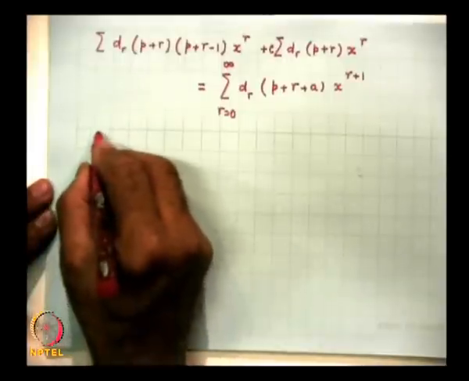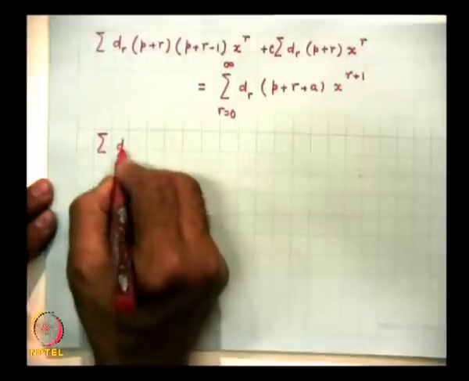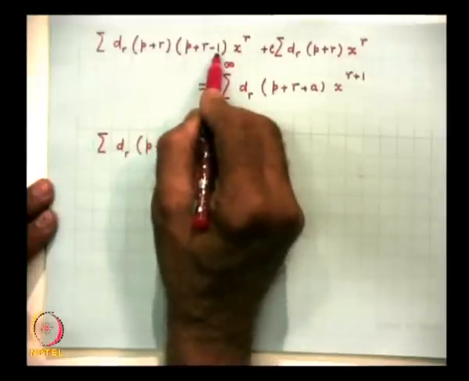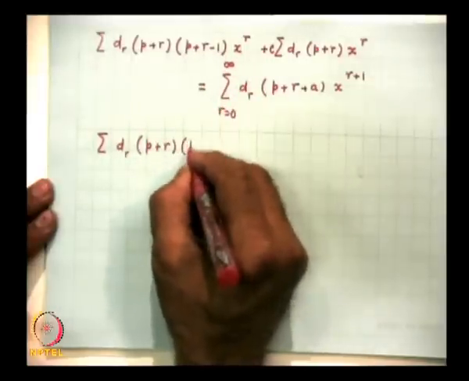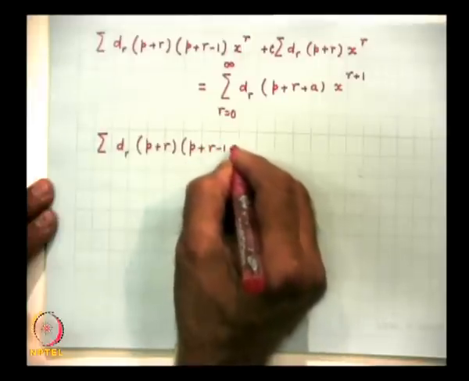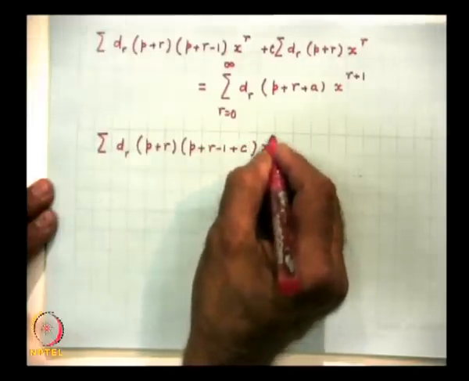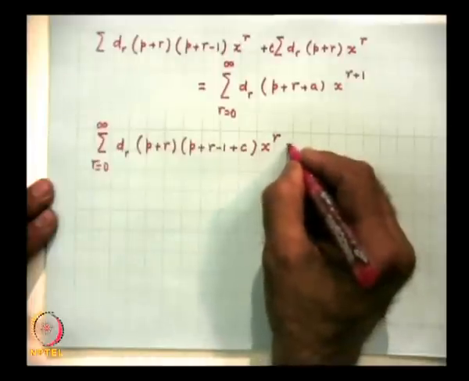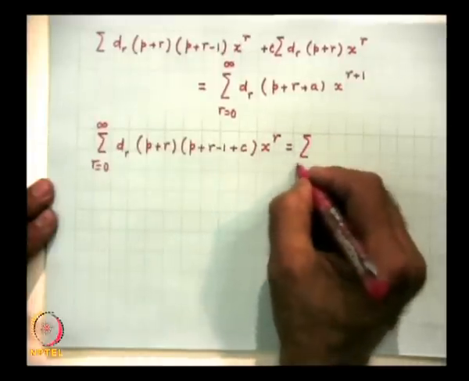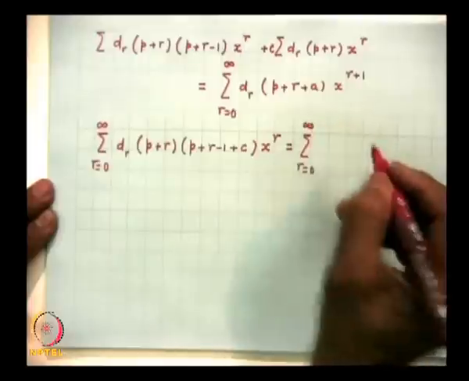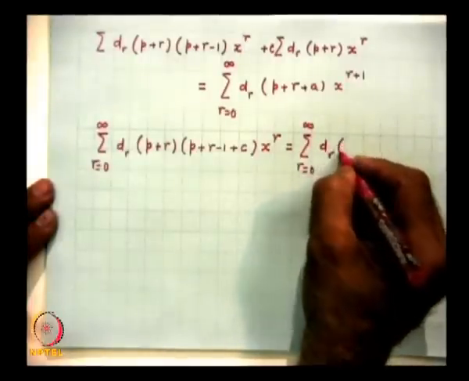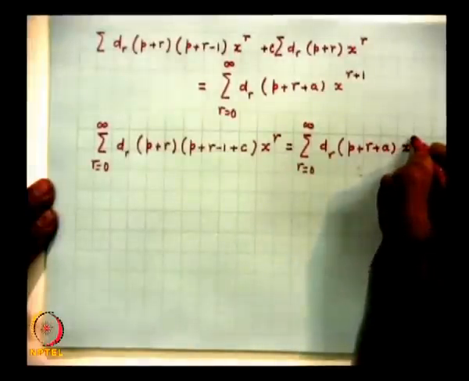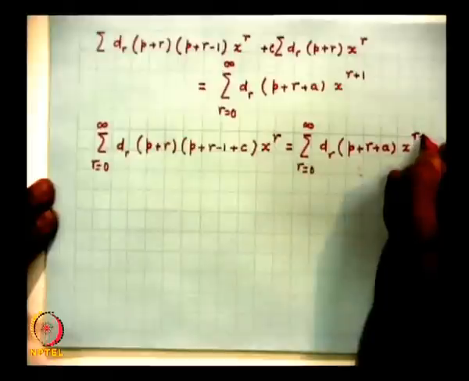So, you will have summation, please see this, d_r (p plus r) times (p plus r minus 1 plus c) x to the power of r, going from 0 to infinity, and here it will be summation r equal to 0 to infinity d_r (p plus r plus a) x to the power of r plus 1.